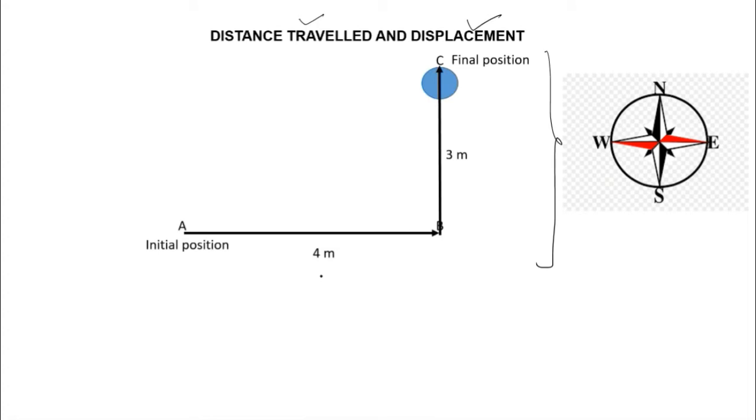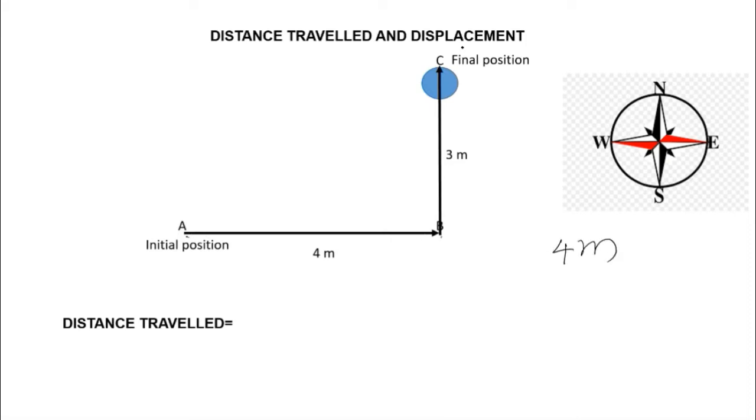Distance traveled is the actual path traced by the body. And what is the actual path? That is from A to B, 4 meter, then from B to C, 3 meter. So 4 meter plus 3 meter gives you 7 meter.